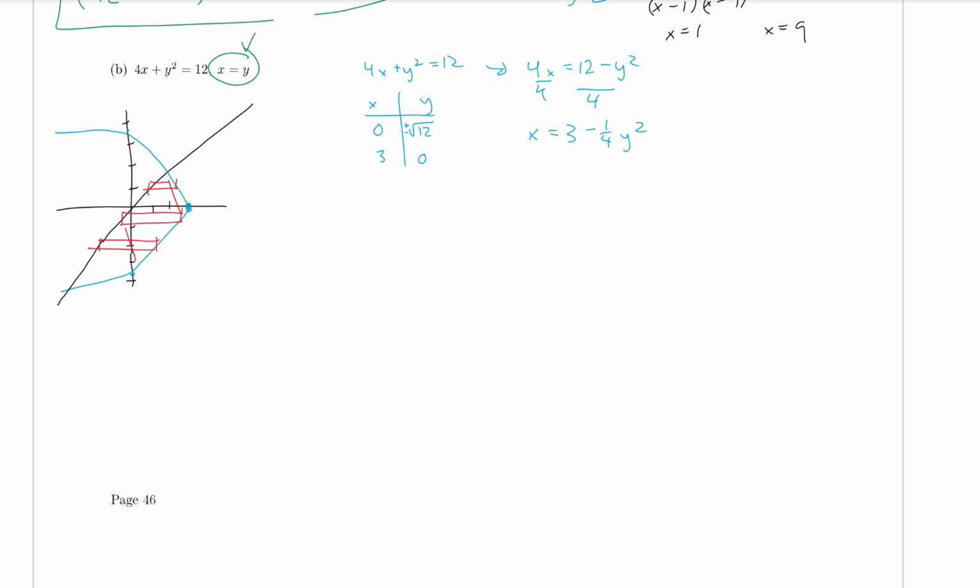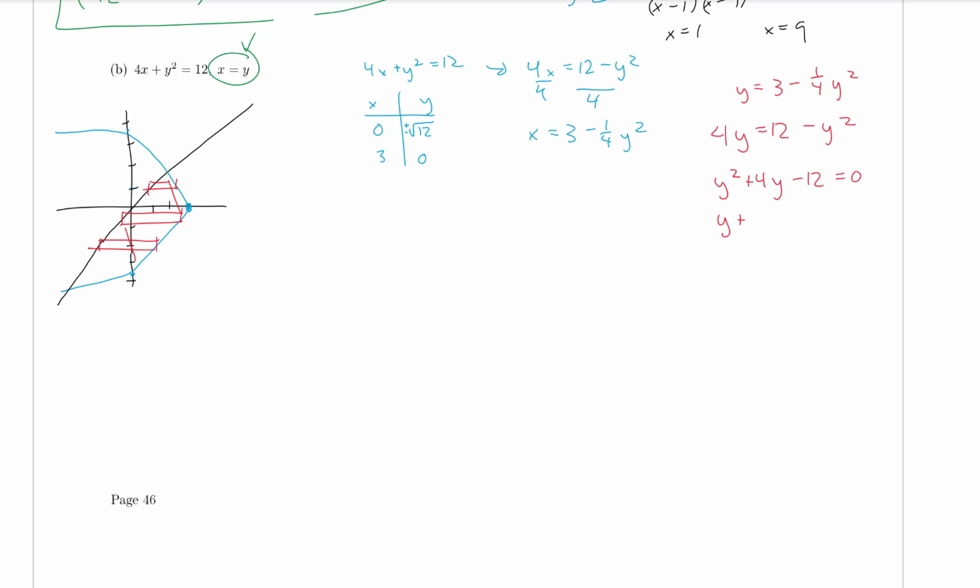So our functions are going to be x equals y and x equals 3 minus 1/4 y squared. If we set those equal to each other, we can find the intersection points. I'm going to multiply this entire thing by 4 to get rid of the fractions. So I have 4y equals 12 minus y squared, or y squared plus 4y minus 12 is equal to 0.